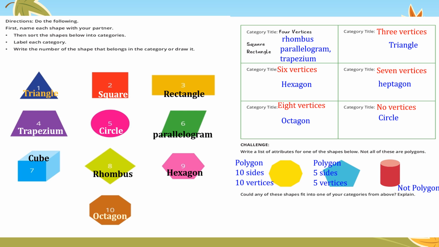Now, we have here 3 shapes. 2 are polygons and 1 is not a polygon. Could any of these shapes fit into one of our categories? Yeah, we have here our cylinder that belongs to the no vertices category.